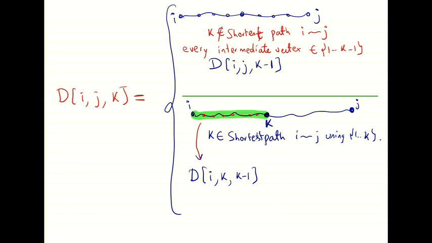And so the shortest path from i to k that only uses 1 through k minus 1 is d of i, k, k minus 1. And similarly, this part is the shortest path from k to j that only uses intermediate vertices from 1 through k minus 1.